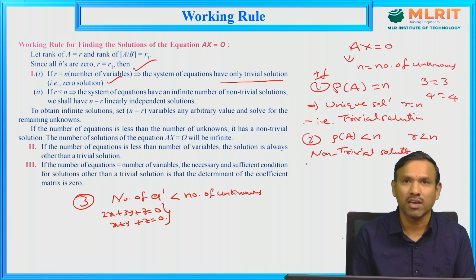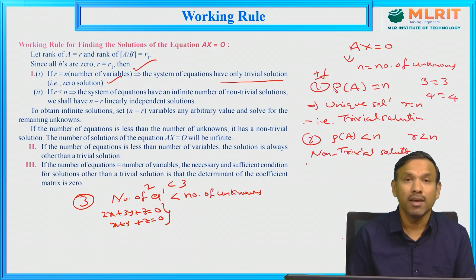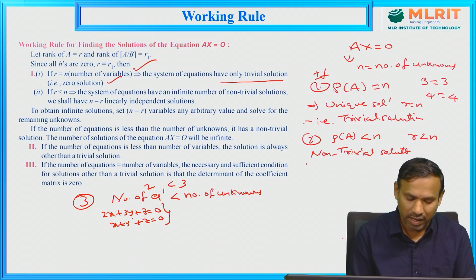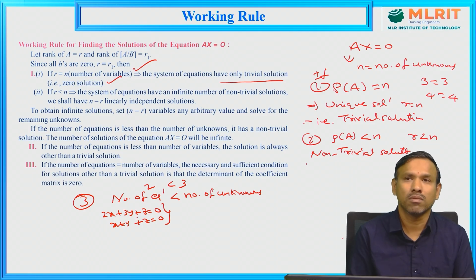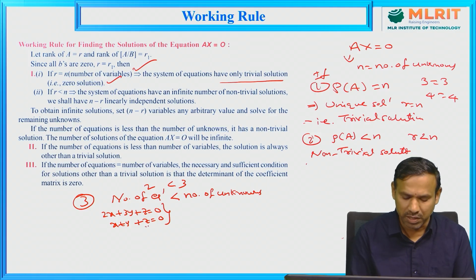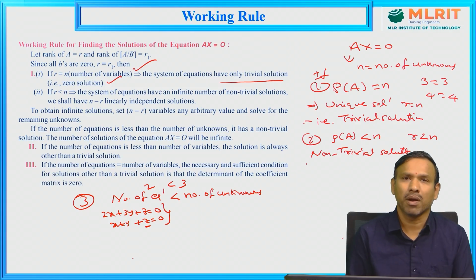The number of equations is 2 and unknowns are 3. In this case also, the system will have a non-trivial solution. Since the number of equations is less than required, one variable must be taken as an arbitrary constant, which means infinitely many solutions.